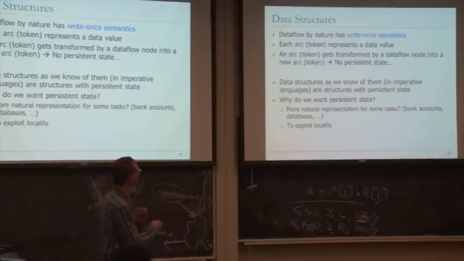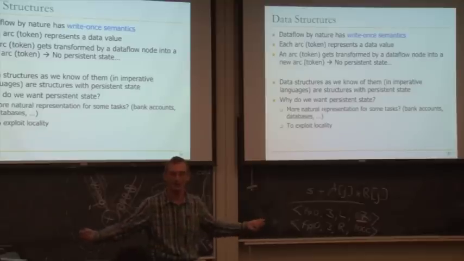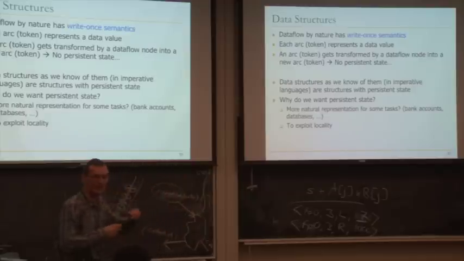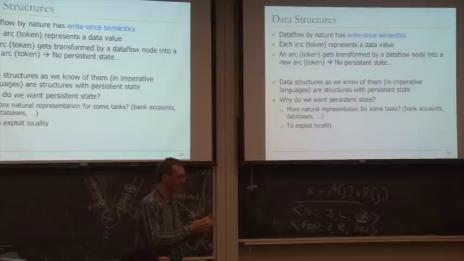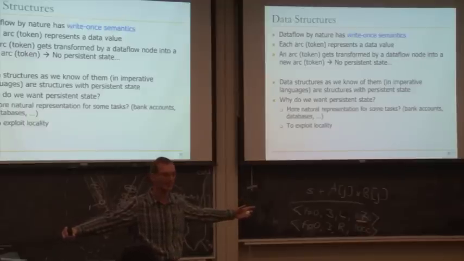And also, there's another reason you want persistent state, so that you can exploit locality. If every time you're generating a new value, you need to store it somewhere, you're not really exploiting locality. And where does it get stored? It gets stored in that frame storage, in that tag matching area. If a memory location, if the only thing you do is to read and update that memory location many times, in a Dataflow machine, it will be stored in many places in the same frame storage.